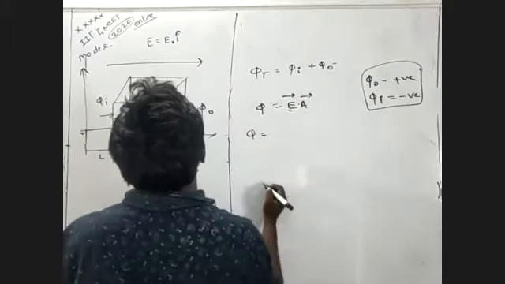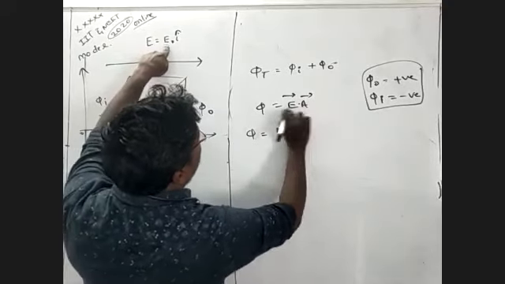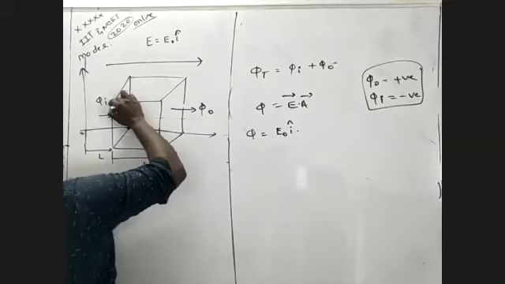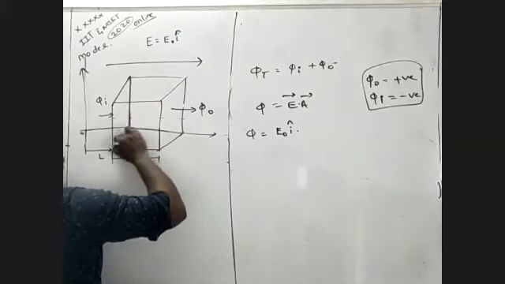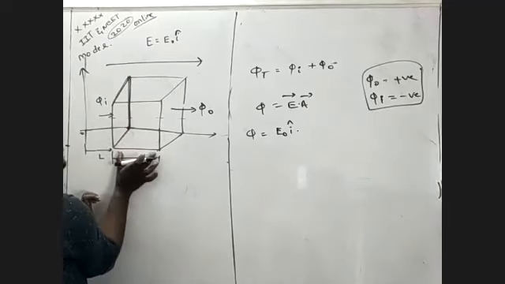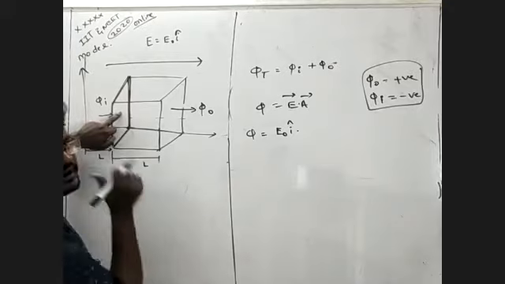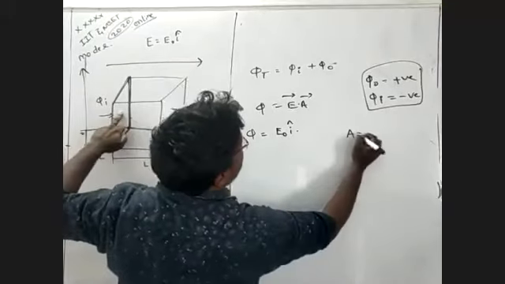So E bar is given as E naught I cap. A bar means the area vector, and I want the area only for this face. The length of the cube is L, so this is a square, and the area of this square is L square.